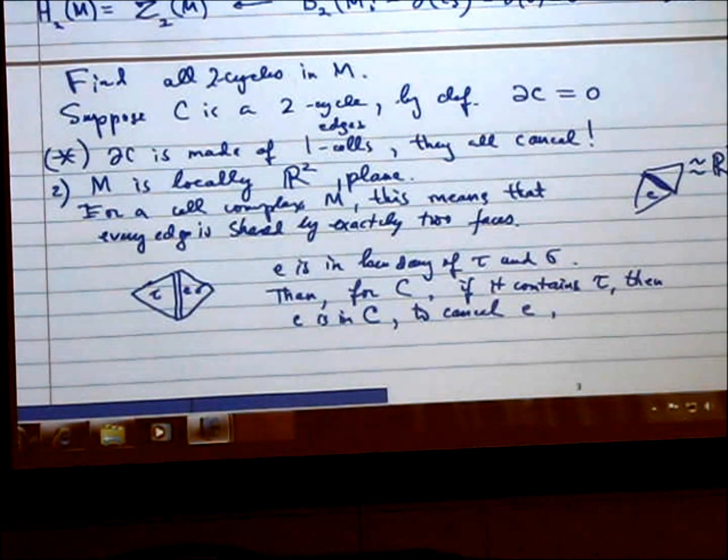The answer is sigma also has to be in C. Otherwise, there's no other way to cancel E.